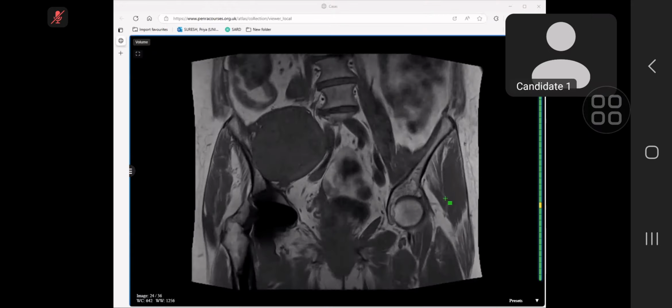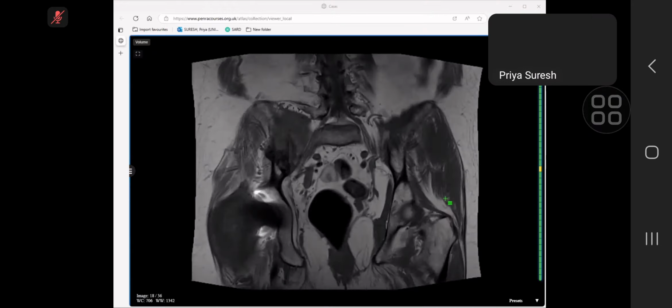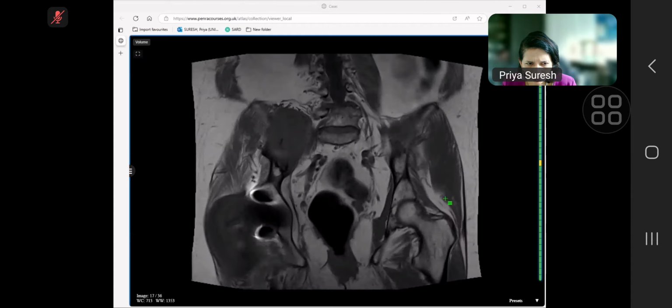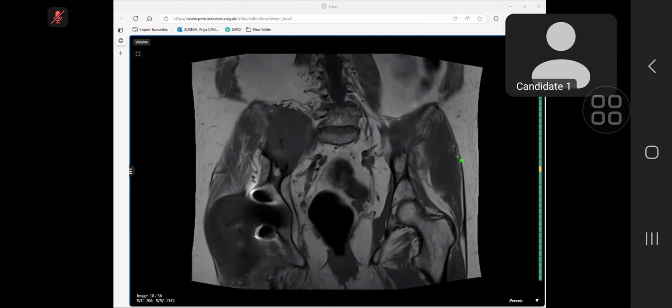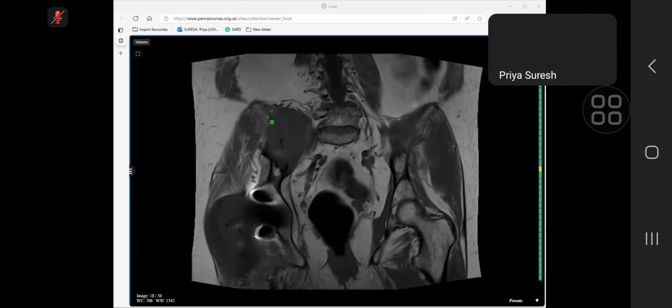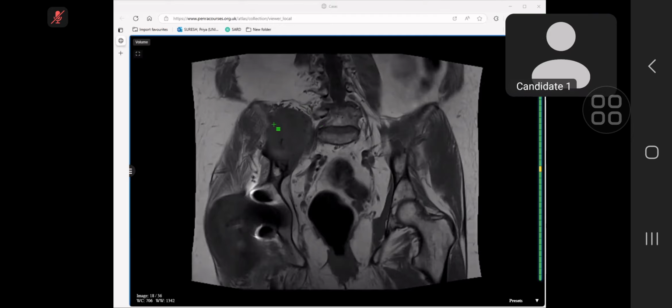It seems an aggressive process. I would recommend a biopsy of this lesion for further evaluation. Of which lesion? The right pelvic cavity lesion. So you mean this one? Yes, here. Okay.